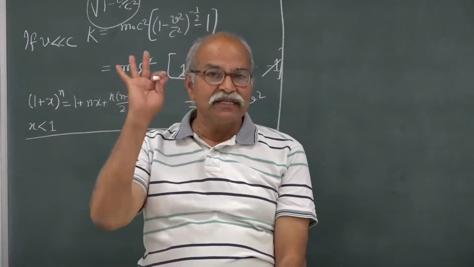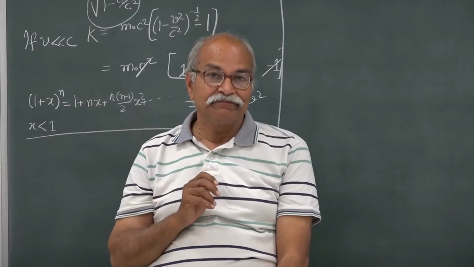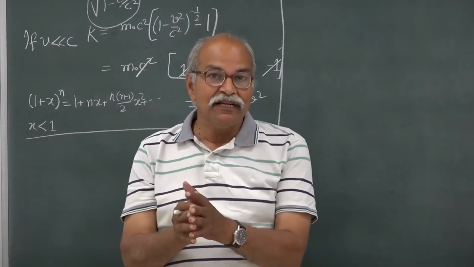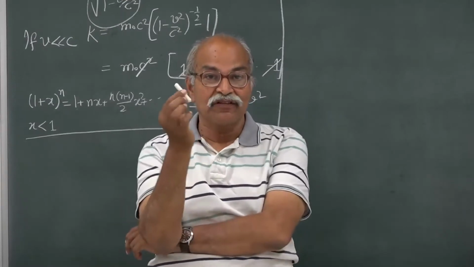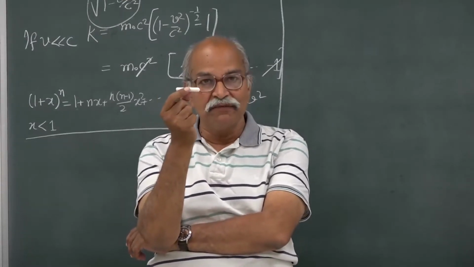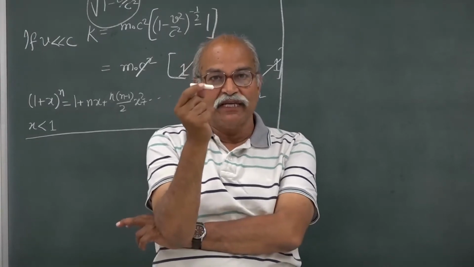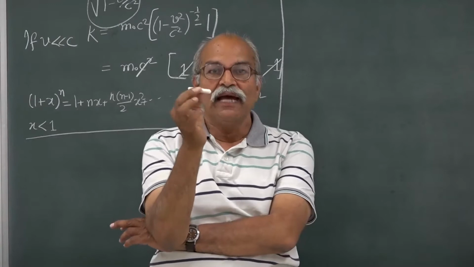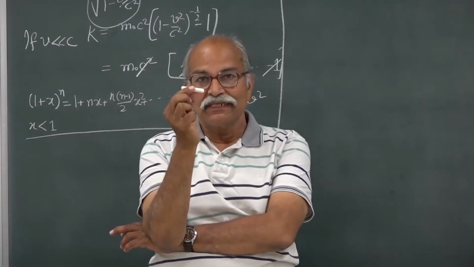So, for a single particle it is fine. What about a particle which has subparts? For example, this chalk here, it has a large number of molecules. So, if I use this chalk as my particle or my object and it is at rest, what is the rest mass energy?